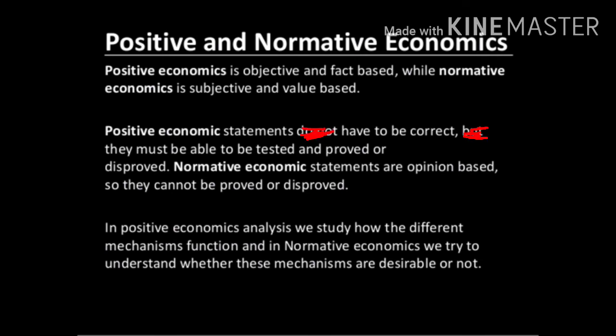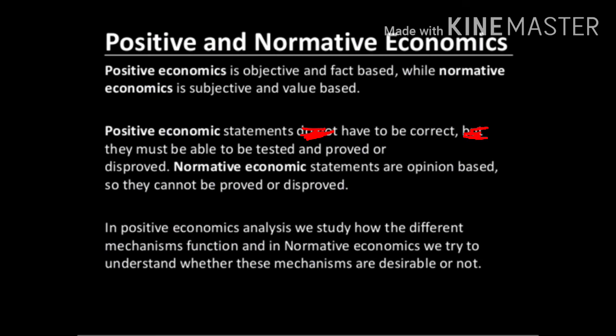Economics may also be classified on the basis of whether it is an analysis of fact or an analysis based on value judgment. Accordingly, there are positive and normative economics. Economics may be both positive as well as normative. If it is positive economics, it should be as accurate as possible.